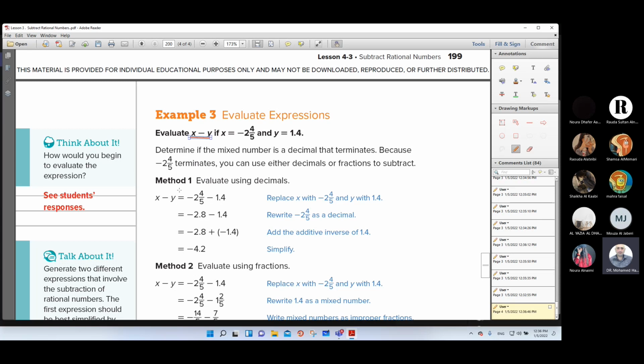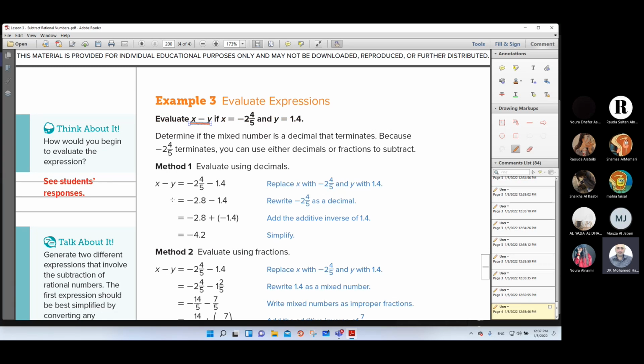So rewrite the expression x minus y. And here we have two methods. So we can do substitution. What is the value of x? Negative 2 and 4 over 5. And what is the value of y? 1.4. And between them we have negative.